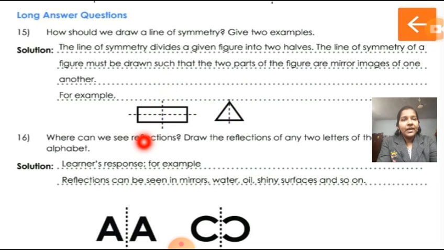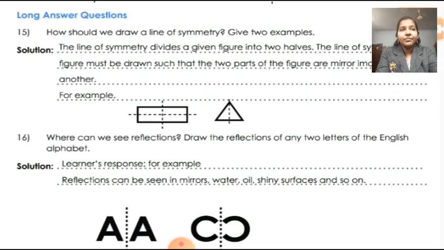Now, where can we see reflections? Draw the reflections of any two letters of the English alphabet. So where can we see the reflections? Yeah, we can see the reflections in mirrors, water, oil, and shiny surfaces, and so on.